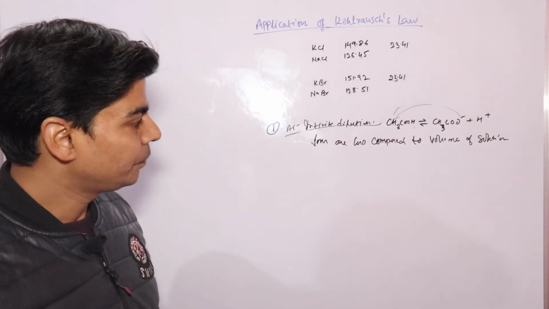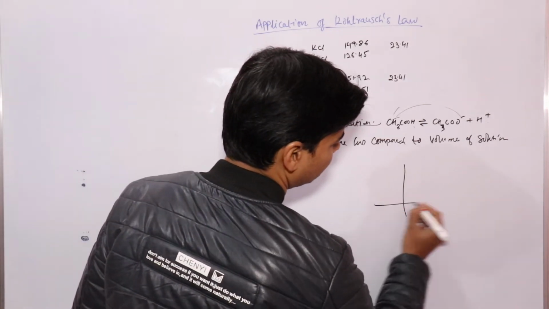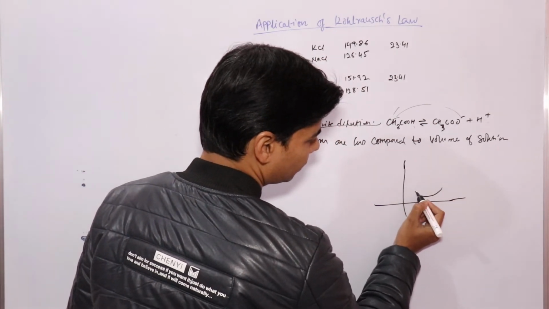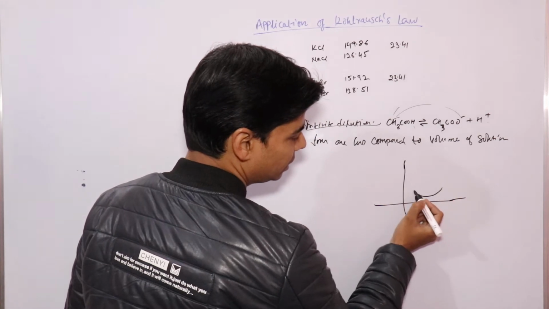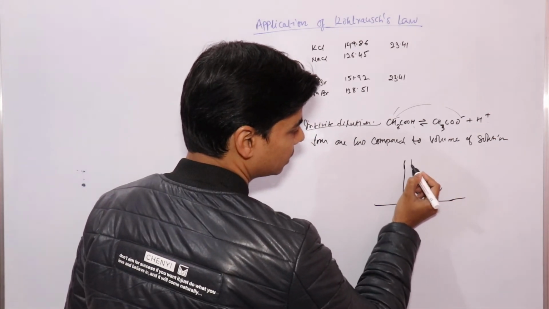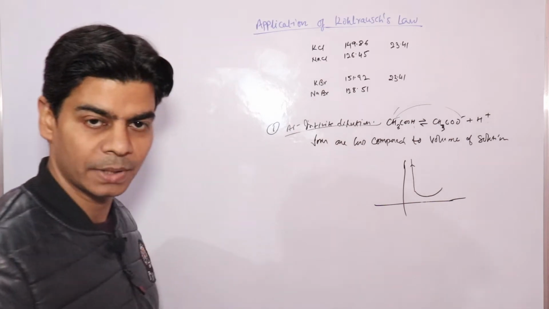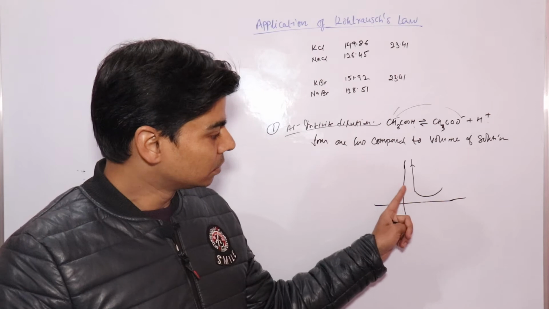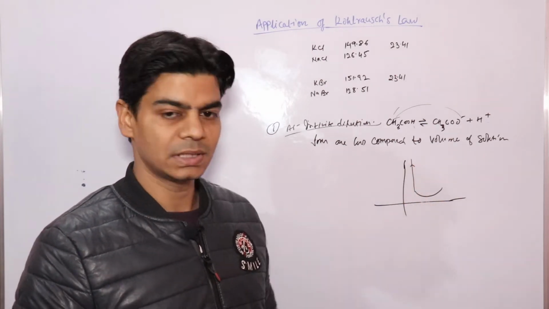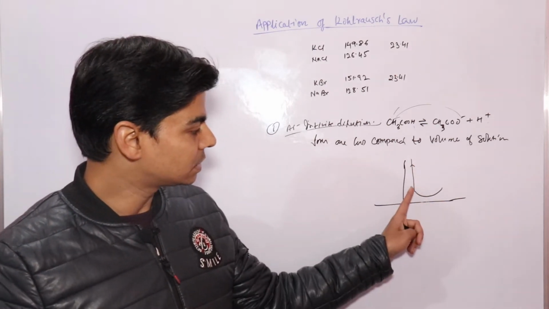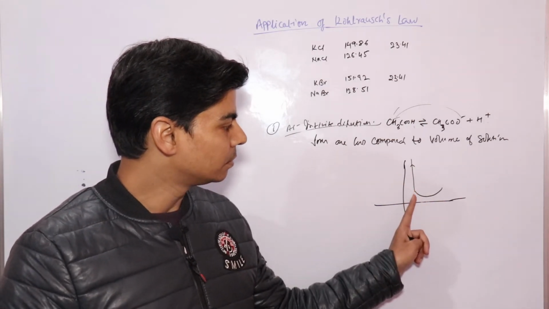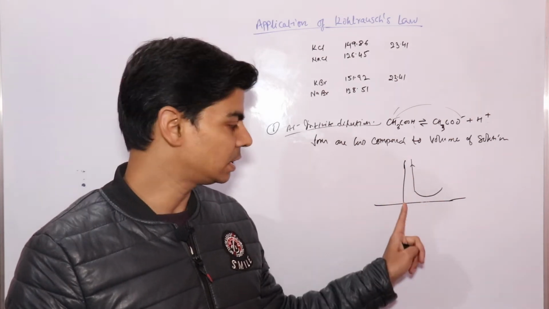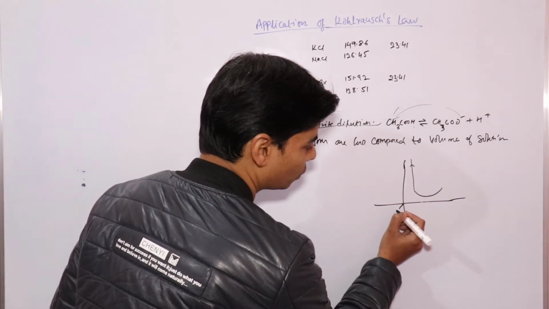If you remember, we saw in the graph, I'll just show you this quickly, that this was the kind of graph where the conductivity initially increased, then it went parallel to the y-axis. So from this graph also we can see that experimentally the molar conductance of acetic acid cannot be determined, because this graph is going parallel to the y-axis, so it cannot be extrapolated to the y-axis at zero concentration.